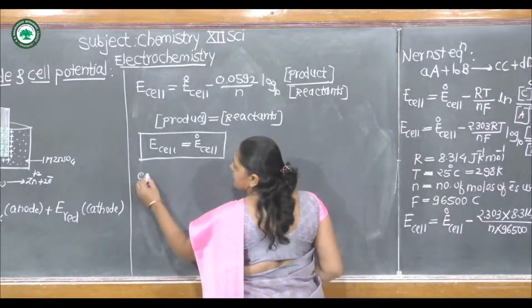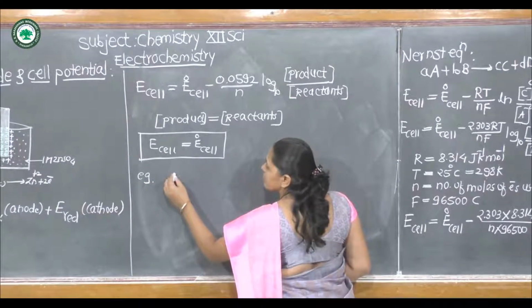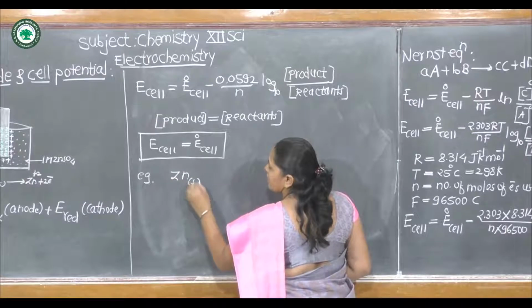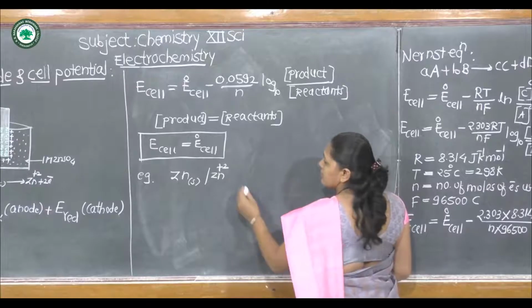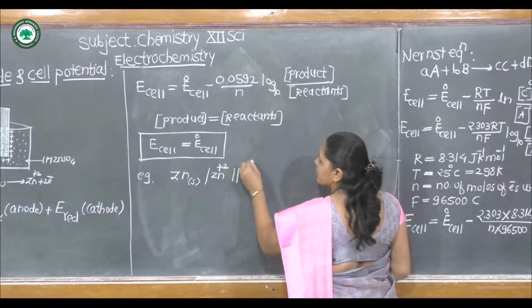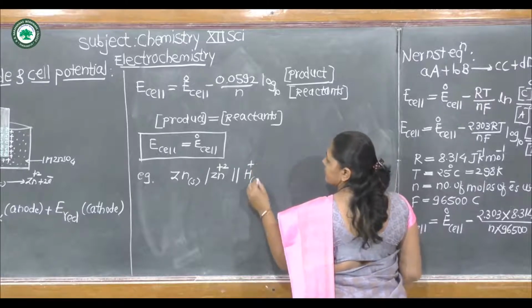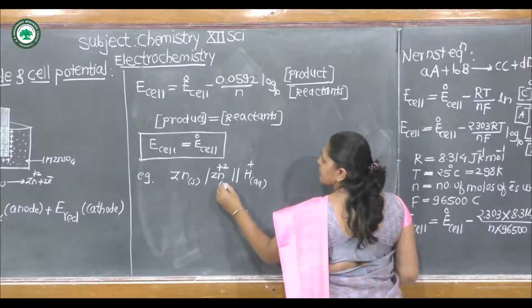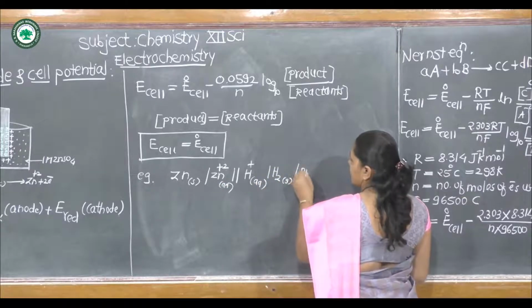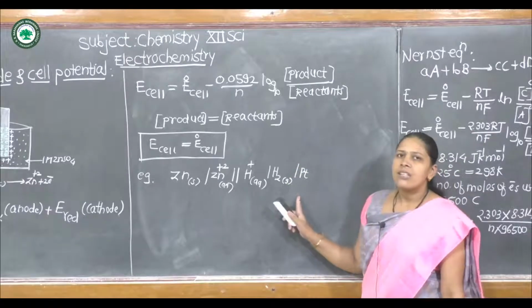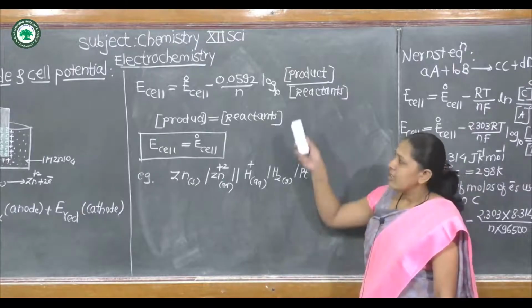For example, suppose this is a cell. For this cell, you have to apply the Nernst equation.